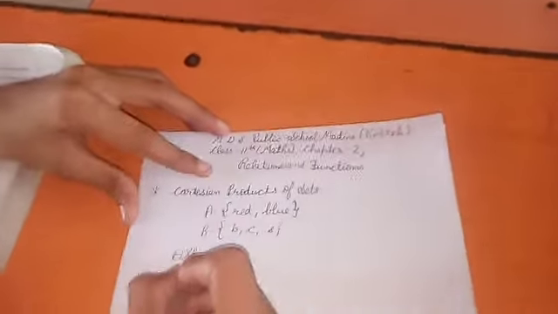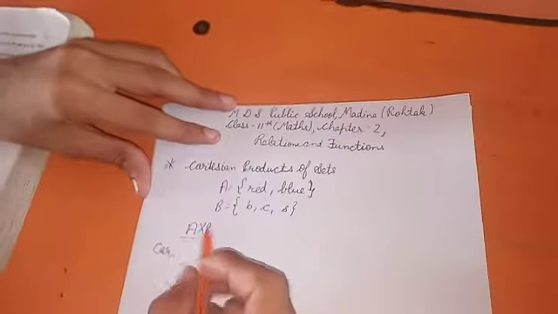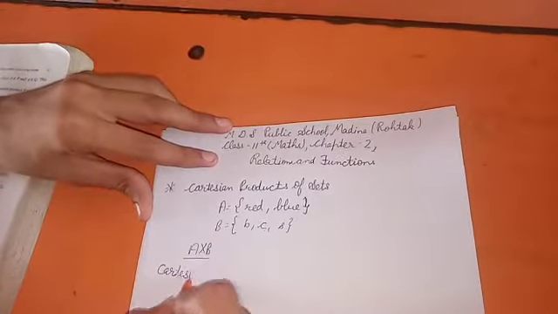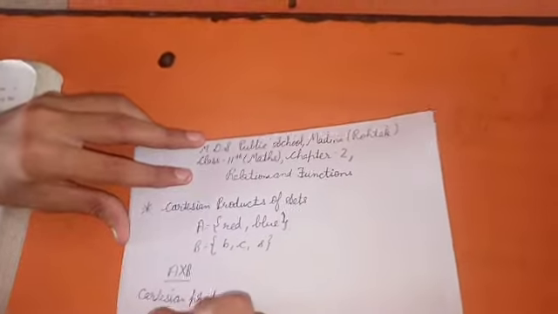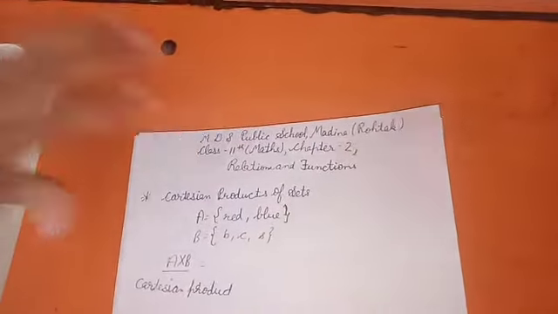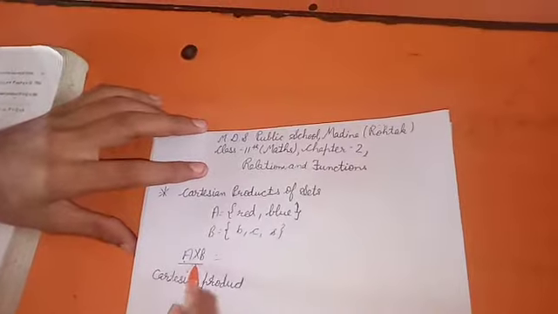Now we have to do the Cartesian product of these. Cartesian product means A cross B. Now look, we have written A earlier and B later.